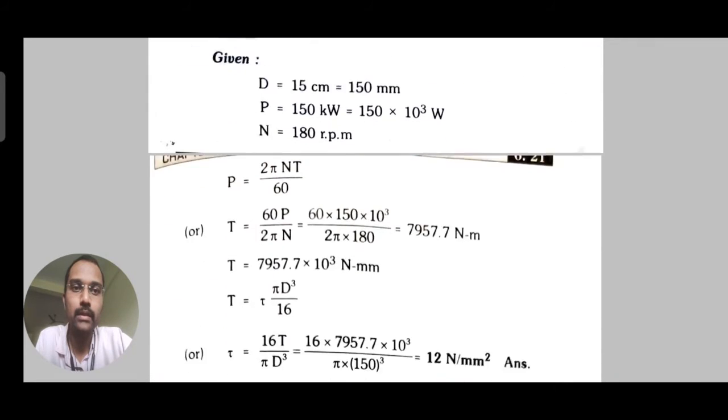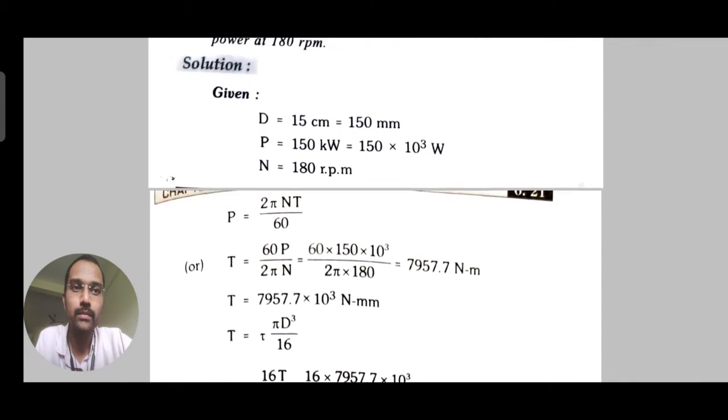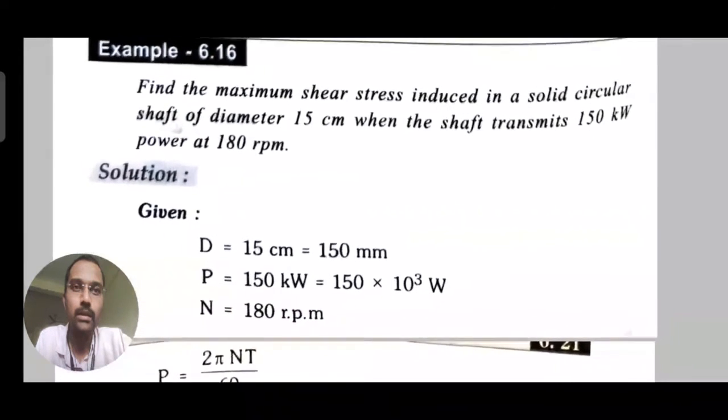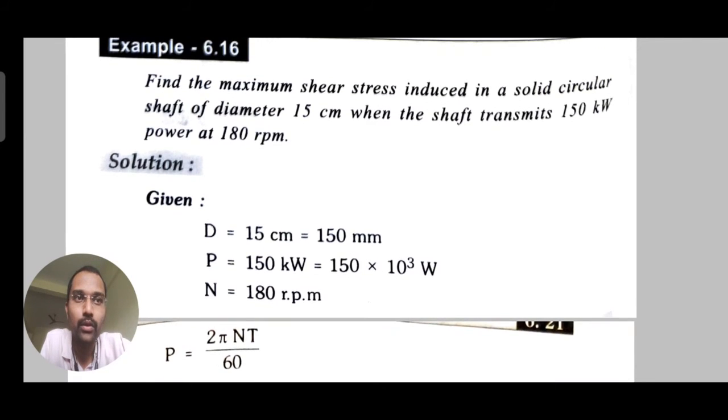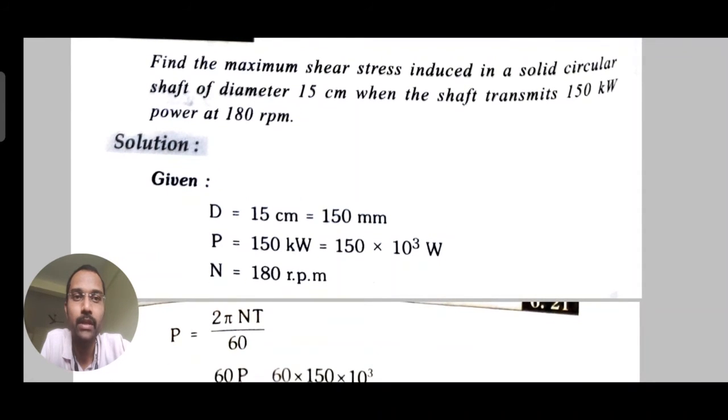And the next one here is also asking to find the tau value. You have to find it for a diameter of 15 centimeters when the shaft transmits 150 kilowatt power at 180 rpm. So power is mentioned here as 150 kilowatts and diameter as 15 centimeters.